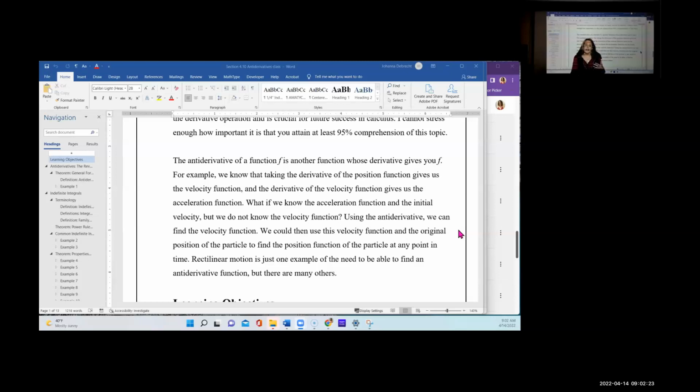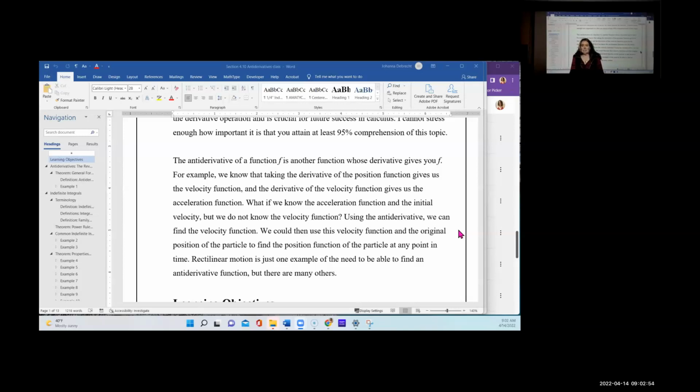So you're able to take the antiderivative of the acceleration to get the velocity function up to a constant. And then you use that initial condition of the initial velocity to pin down what the constant is. Then you can take the antiderivative of the velocity function, and that will give you the position function. So we've taught you to take the derivative, and now we're teaching you to undo the derivative by taking the antiderivative.